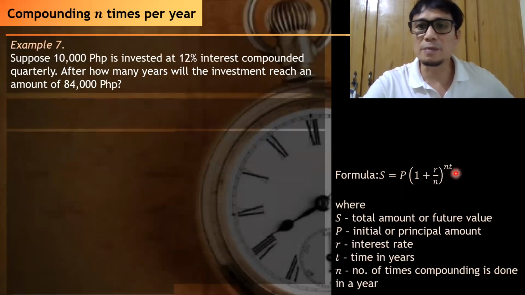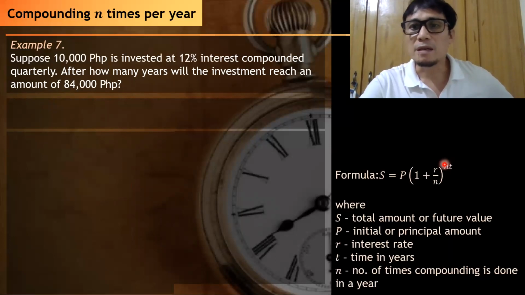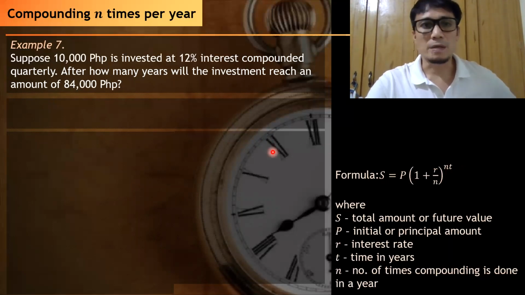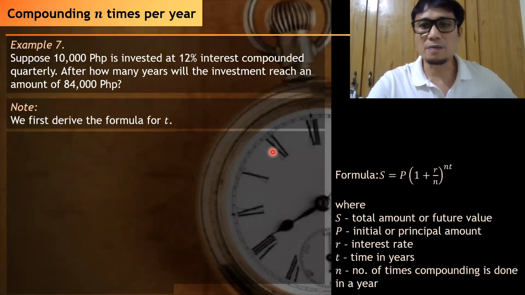Now t in the formula is an exponent. You remember from our previous video, we derived the formula for t, and we will use the same property. So first, we derive the formula for t from the given formula.